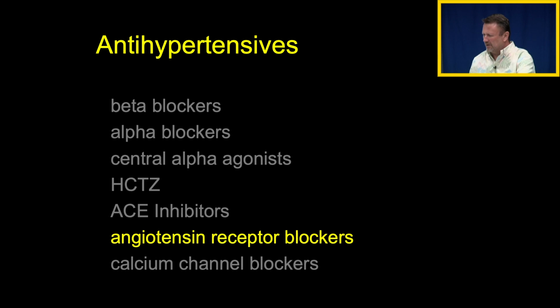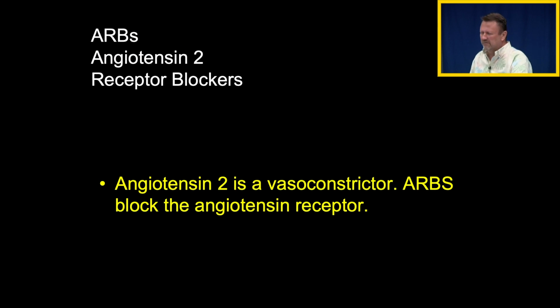Angiotensin receptor blockers: instead of interfering with the formation of angiotensin II, we can just block the receptor. Angiotensin II, again, is the vasoconstrictor, from renin converting angiotensinogen to angiotensin 1 going to angiotensin 2, but maybe we can just block the receptor, and that's why they call them ARBs, angiotensin receptor blockers.